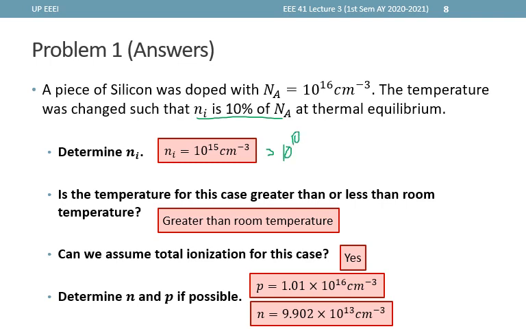Since the temperature is greater than room temperature, then we can assume that total ionization occurs. Then we computed N and P based on the long formulas from lecture 2, and then used the law of mass action to determine the minority carrier concentration, which is N in this case.